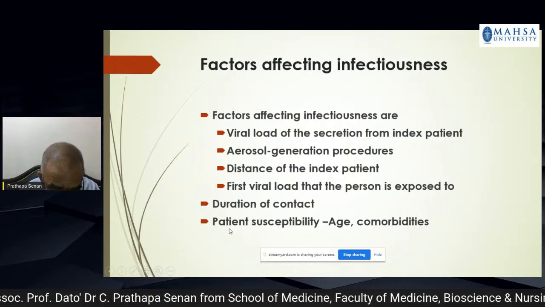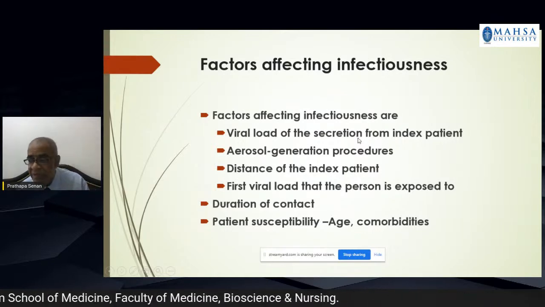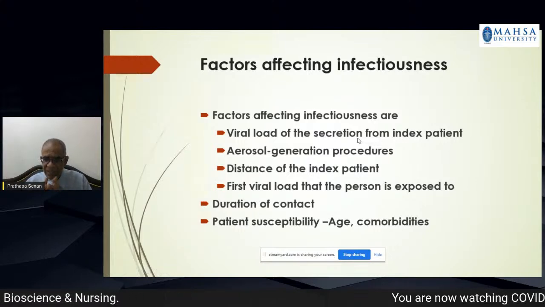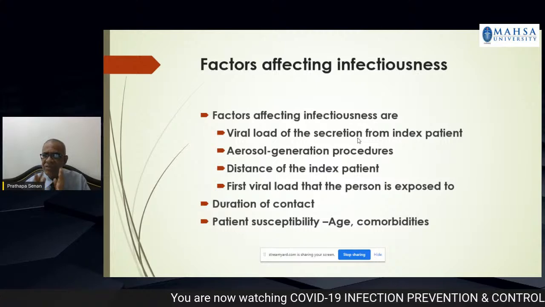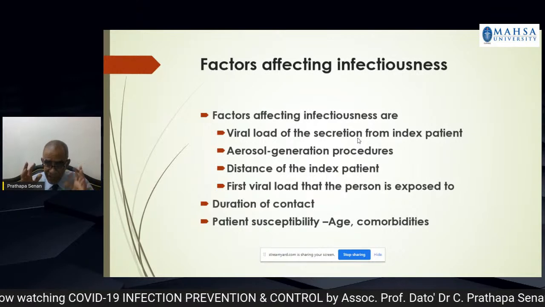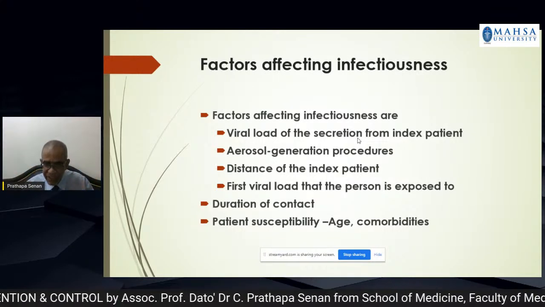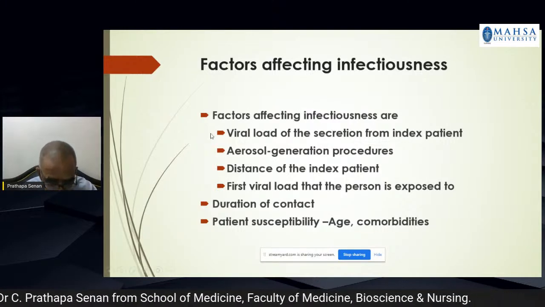Okay, patient susceptibility: it's not easily transmissible because it's a virus that came from an animal to man. The virus is not used to the human cell, so it is not easy for it to survive in human beings. But because the viral load is high and you spend a lot of time getting the load inside you, that is how a person can get the disease.